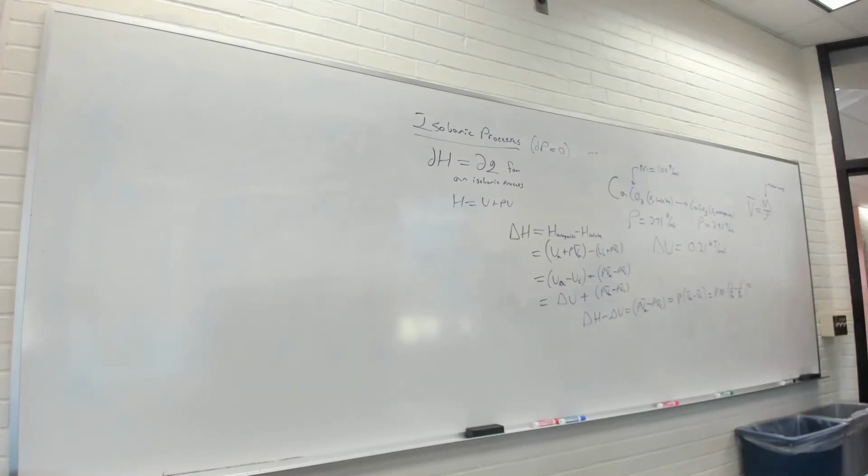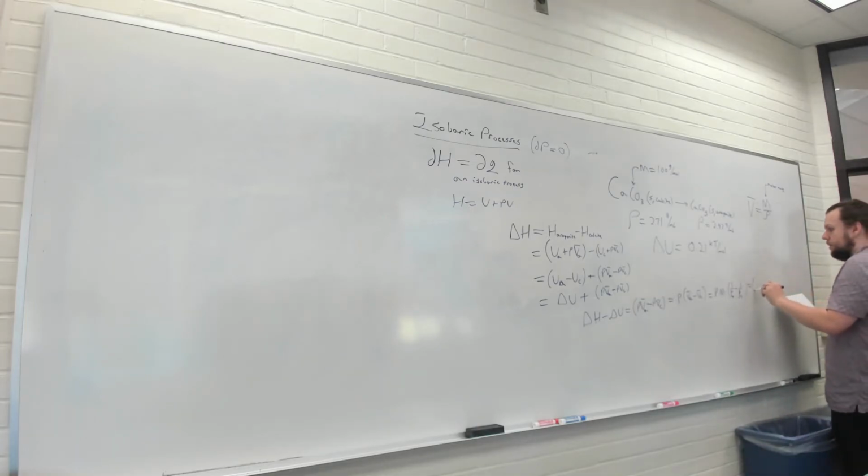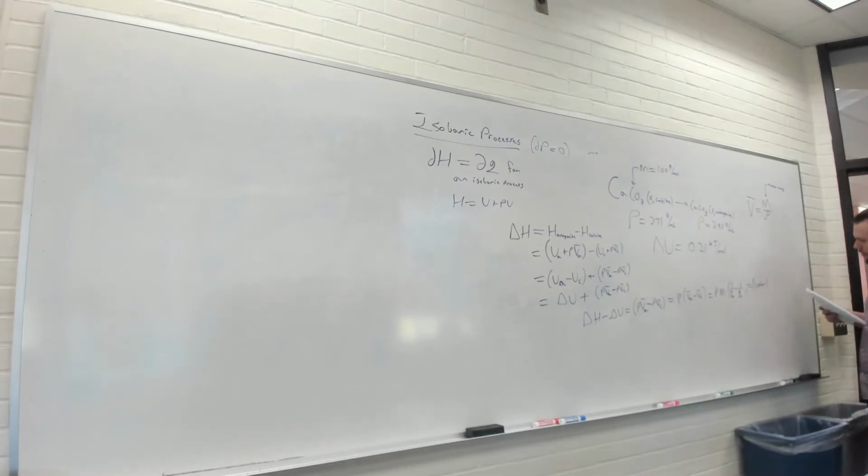Now we have to do some conversion factors. So pressure is 1 bar. We should convert that to pascals because everything's in grams and kilograms. So bar to pascal is 1 times 10 to the 6 pascals per bar.